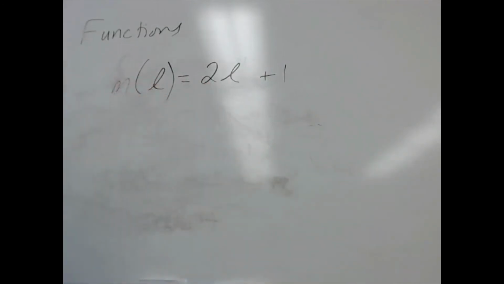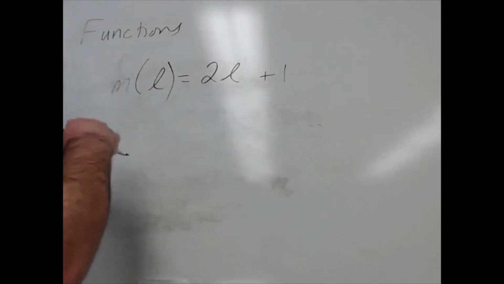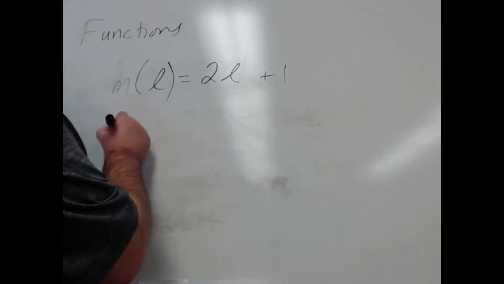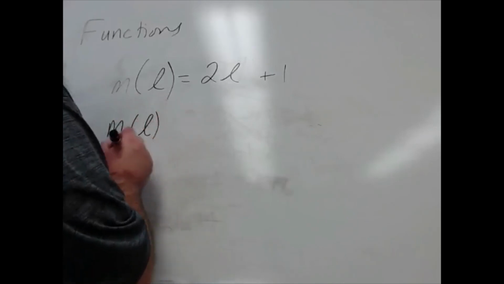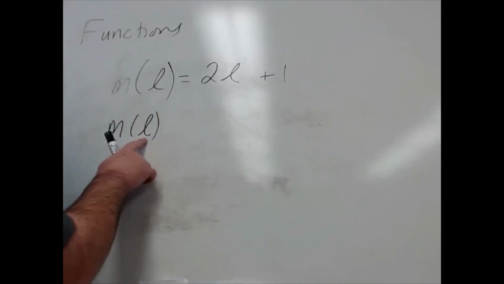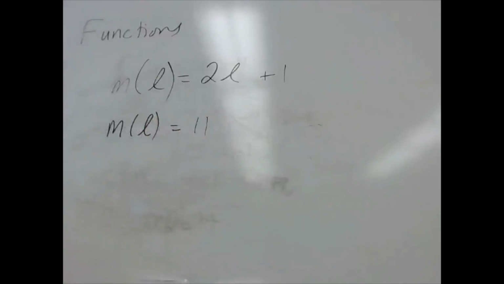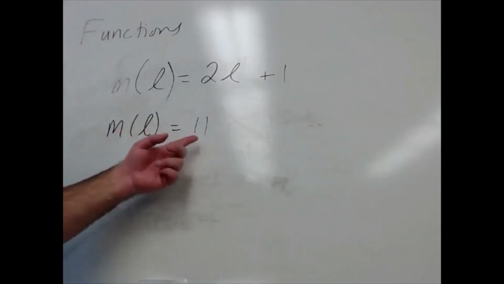So let's say that when we put something into the machine, it spit out 11. So that means that we were given that whatever this L value is, M spit out the number 11. So M of L was equal to 11.